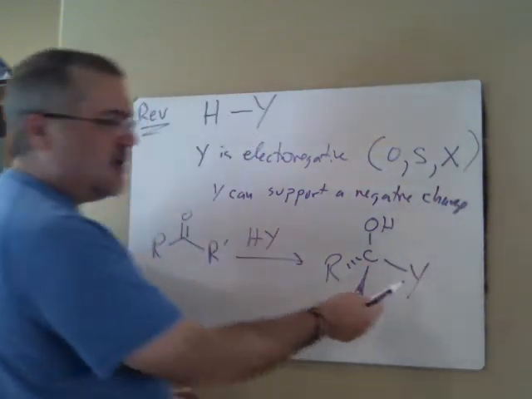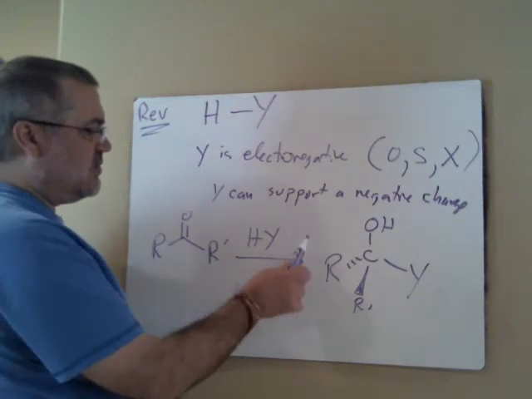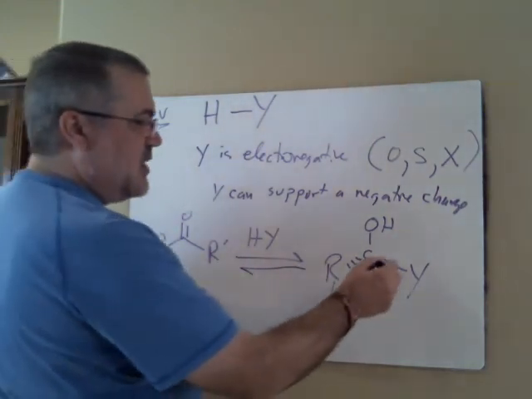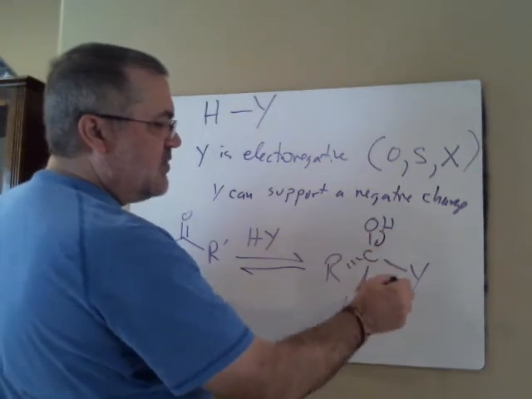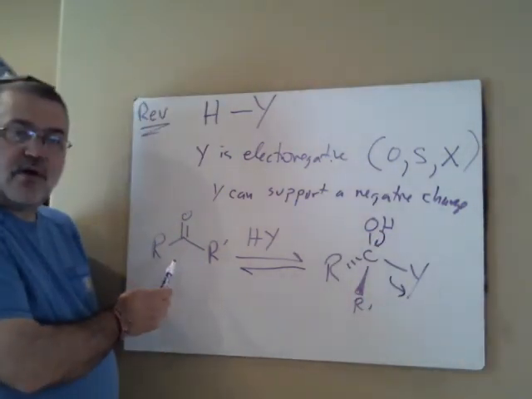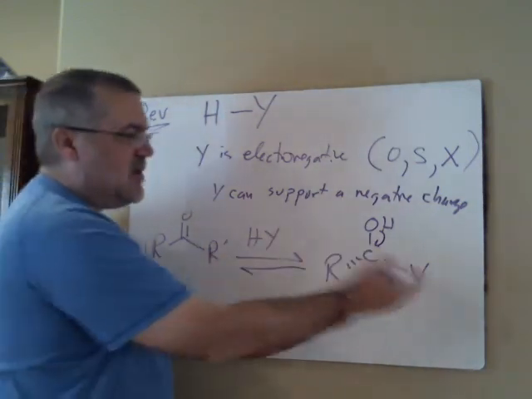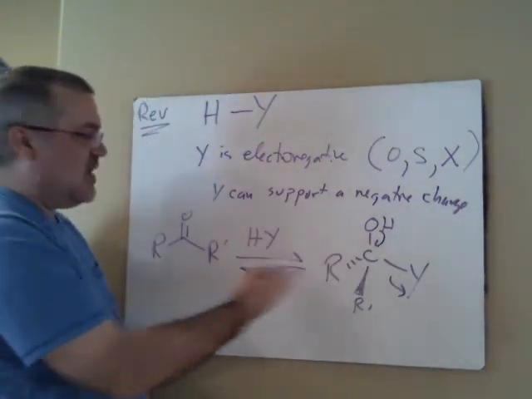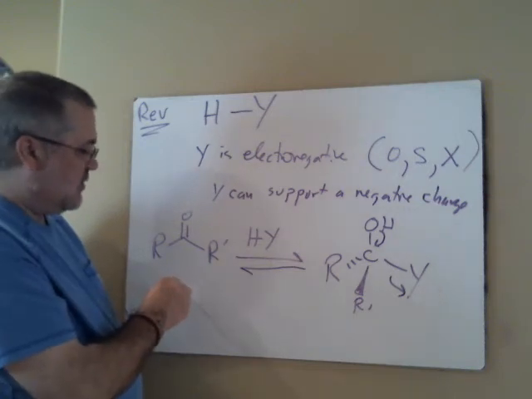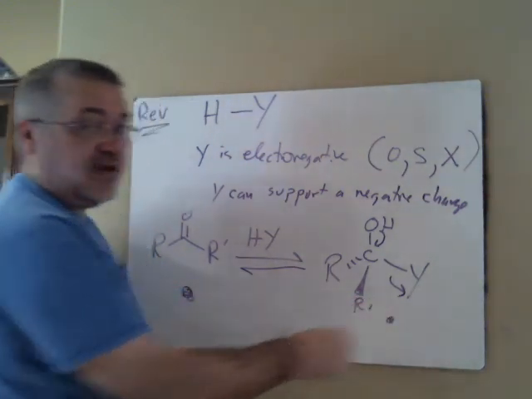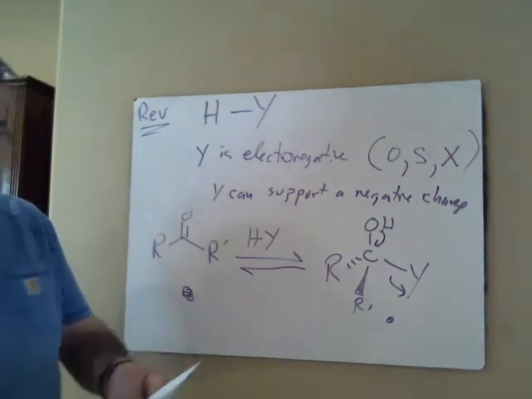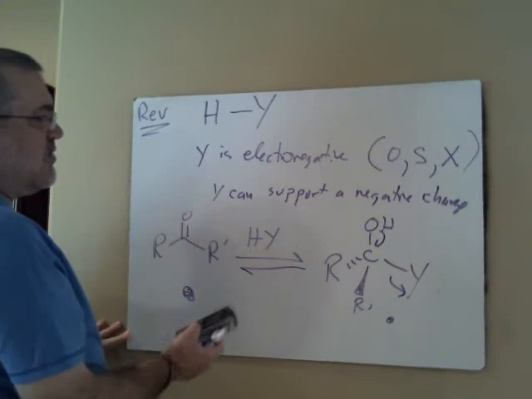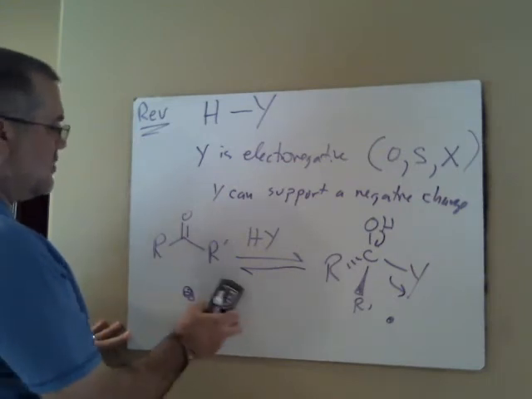If your Y can support a minus charge, then that's just basically going to ensure that the reaction is reversible, because this Y can come back off and you're back to where you started. Okay? That doesn't mean that it's necessarily not a good reaction, but it is reversible, which means at equilibrium you're going to have to look at the percentage of this versus this to see if in fact the reaction is favored as written. Okay? And so that's really what governs whether something is reversible or not.